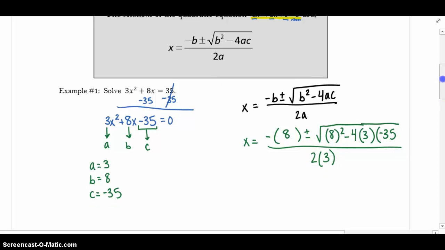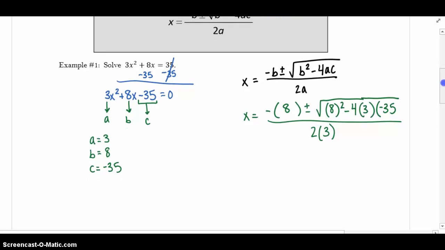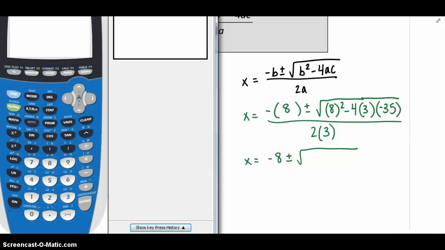Okay, now the harder part of this tends to be actually simplifying this. Alright, so I'm going to do a couple steps by hand, and I'm also going to use my calculator for a couple steps. So negative 8, I know that's negative 8. We can do that part. And I know the square root's still there because I haven't done anything to it. But in order to figure out this part underneath the square root, I'm actually going to use my calculator.